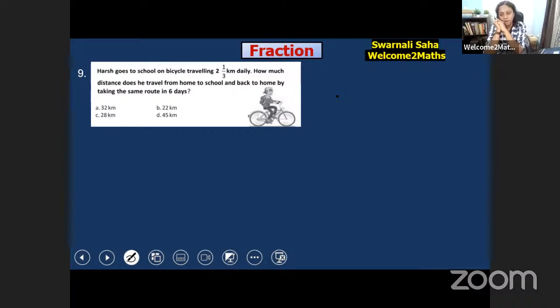That we have to find out. And we have 4 options. Which would be the right one? That we have to find out. So try to solve this.